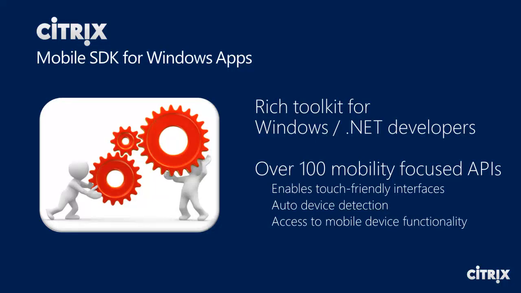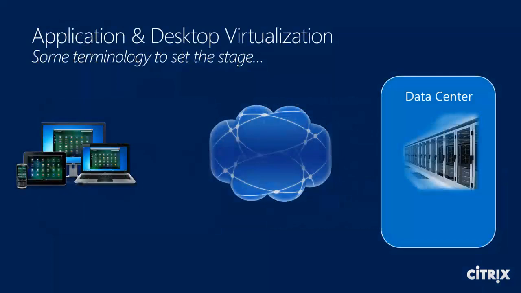We've built over 100 mobility-focused APIs that allow a Windows application to access some of the mobile device capability. And I'll be talking about some of those APIs in a little more detail in a few moments. It can also detect what that endpoint device is, what platform it is, what the screen size is, the pixel density, and so forth.